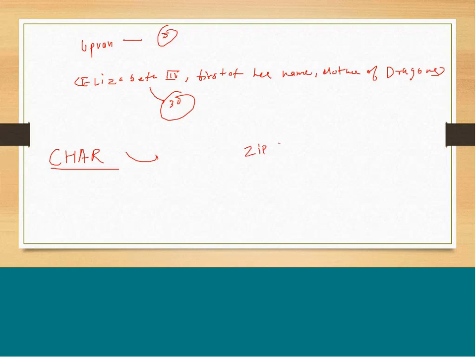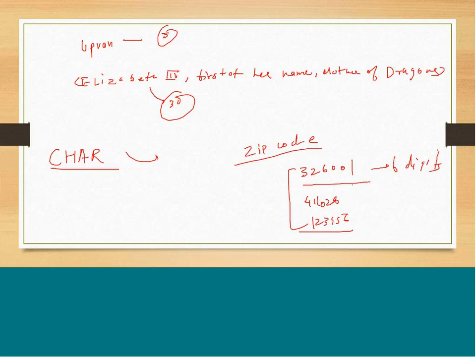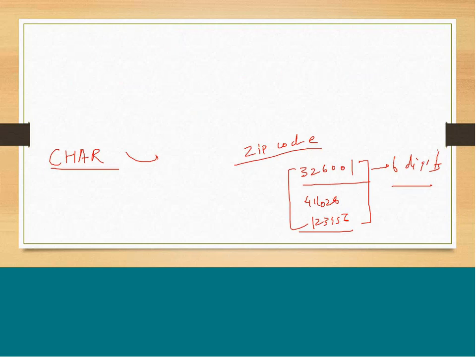For example, zip code. In India, the zip code is this long only, 6 digits. All are valid examples of zip code. There is one thing common between them, that all of them are of 6 digits.